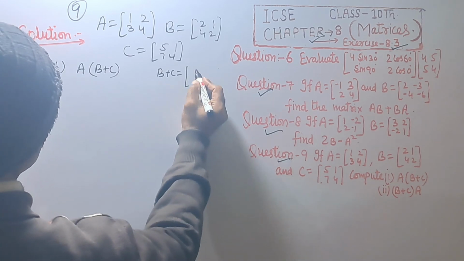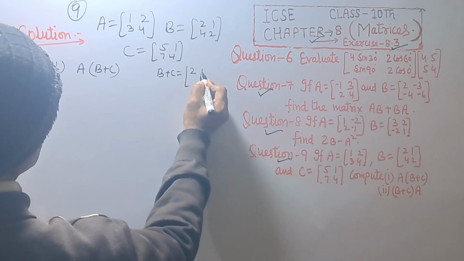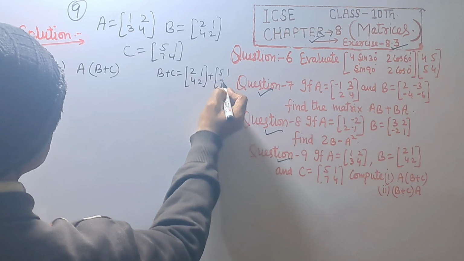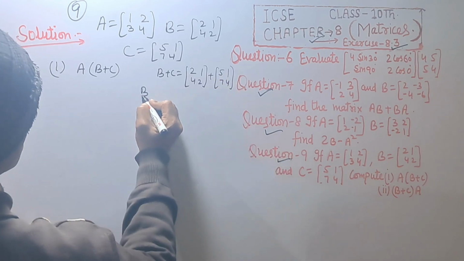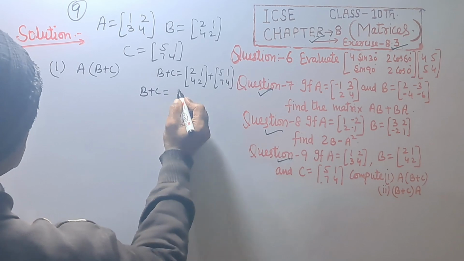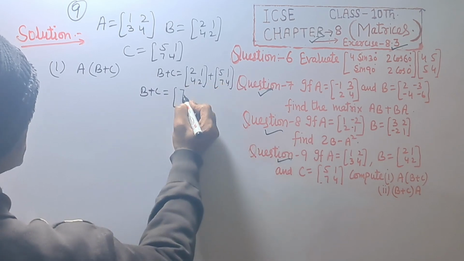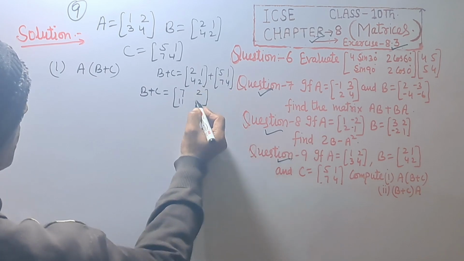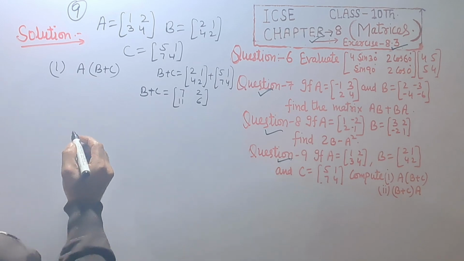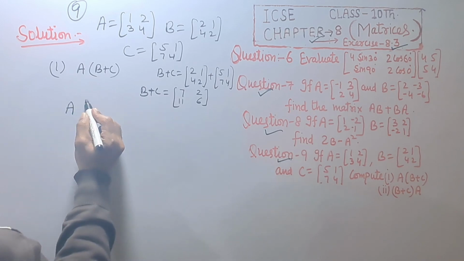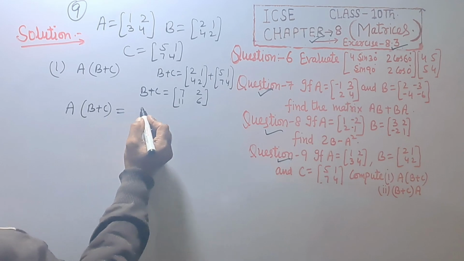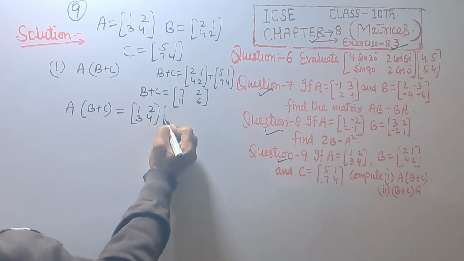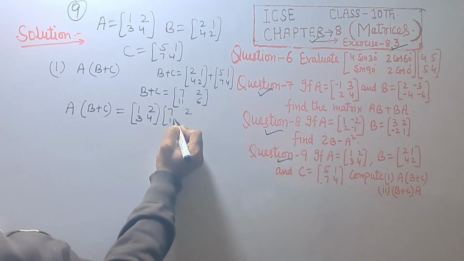B plus C is equal to [2, 1; 4, 2] plus [5, 1; 7, 4]. That is equal to 2 plus 5 is 7, 1 plus 1 is 2, 4 plus 7 is 11, 2 plus 4 is 6, that is B plus C. So A into B plus C equal to A is [1, 2; 3, 4] and B plus C is [7, 2; 11, 6].